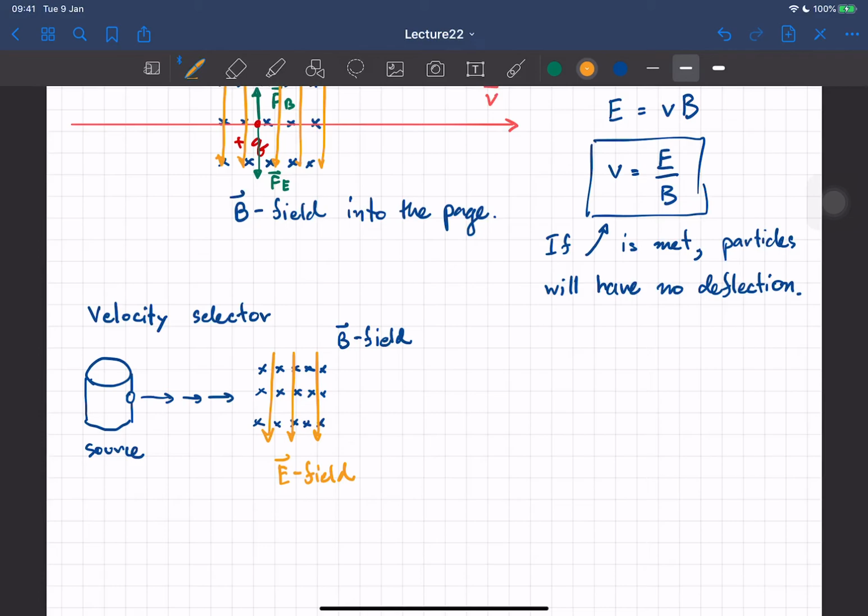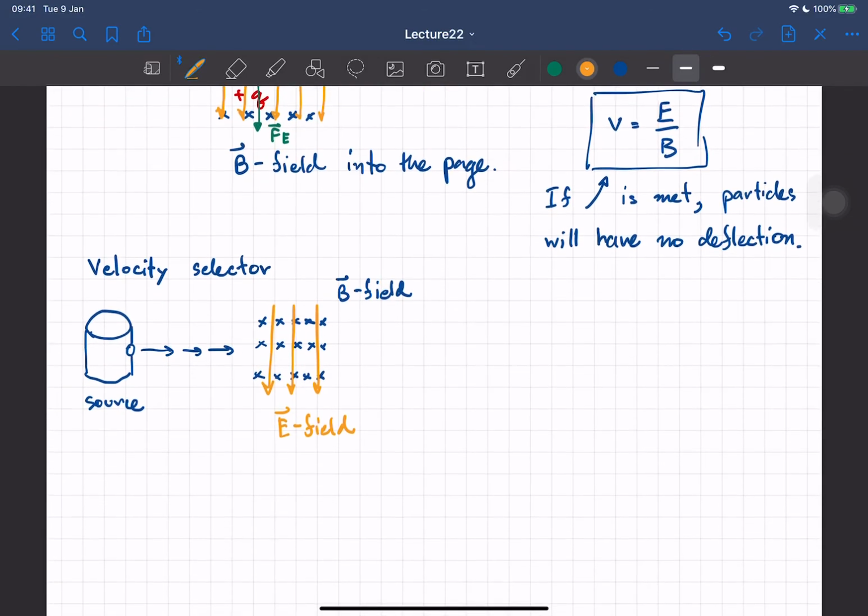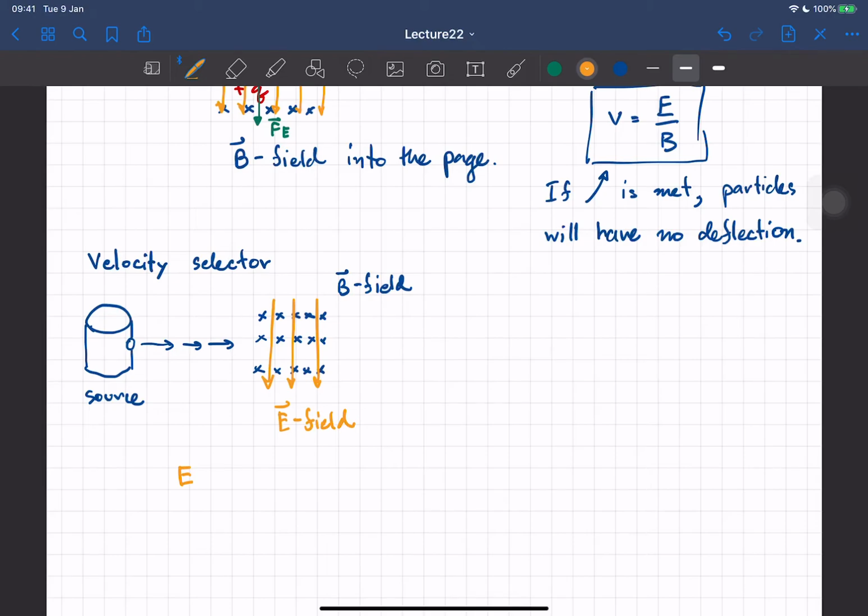We can also put in some numbers. Let's say we put in the electric field to be equal to 10 Newton per Coulomb, or 10 volt per meter. Either unit is fine. And then we put in the magnetic field to be 0.1 Tesla, which is not too strong.